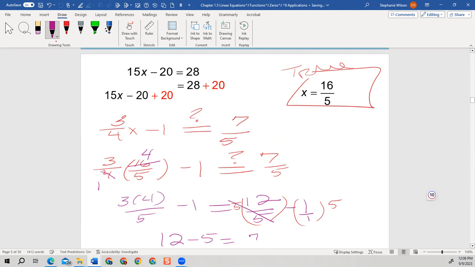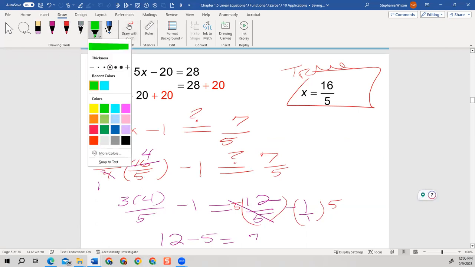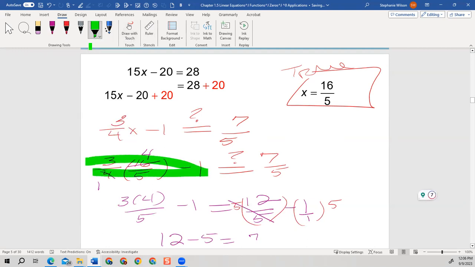Now, I want you to realize that we multiplied this side here by the 5, right? This side of the equal sign. And remember, whatever you do to one side, you have to do to the other. I can't just do it to part.